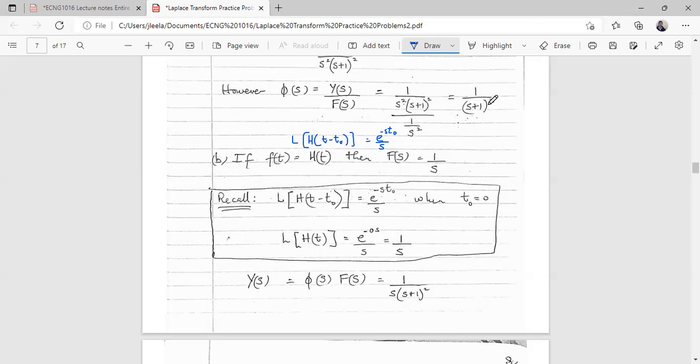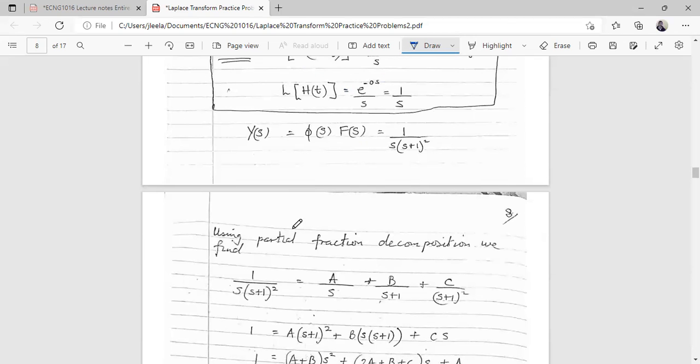And you're multiplying that by fs, and fs is 1 over s. So you're multiplying this by 1 over s. So obviously you will get 1 over s into s plus 1 squared.